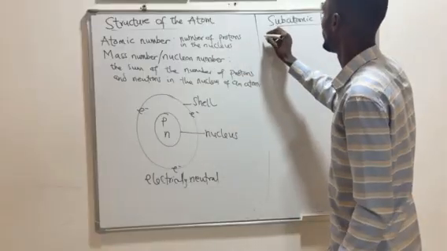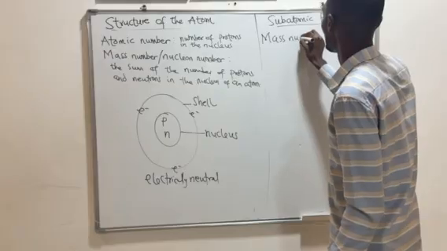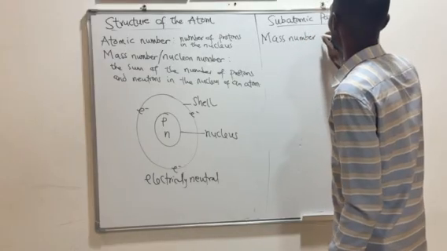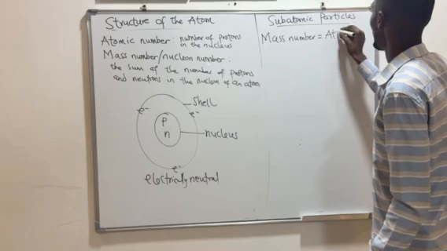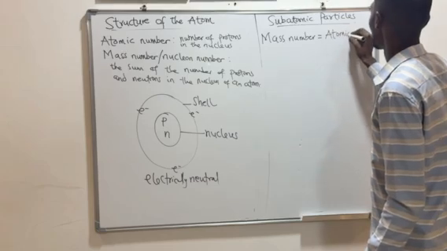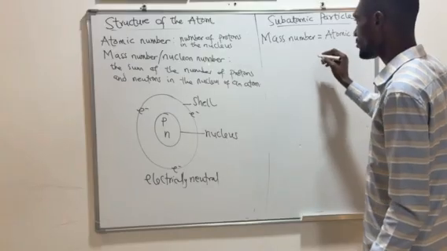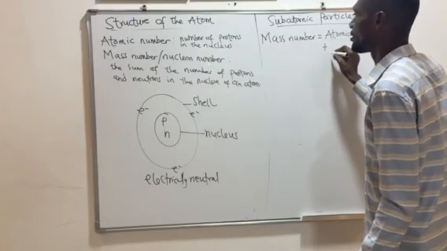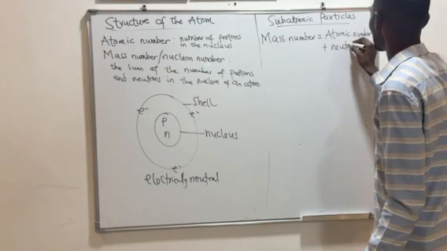From the definition, we get to know that the mass number equals the atomic number plus the neutron number, or the number of neutrons.